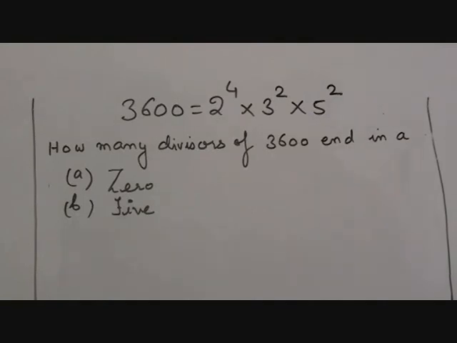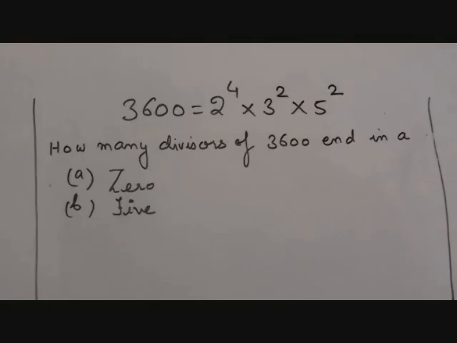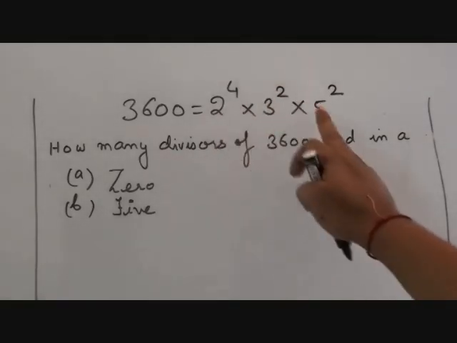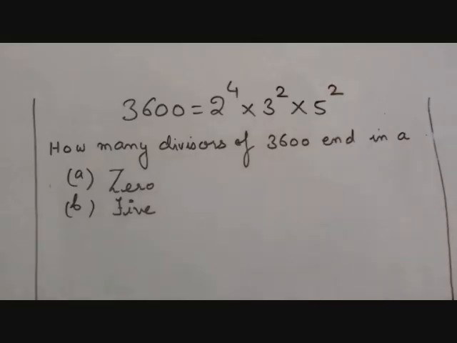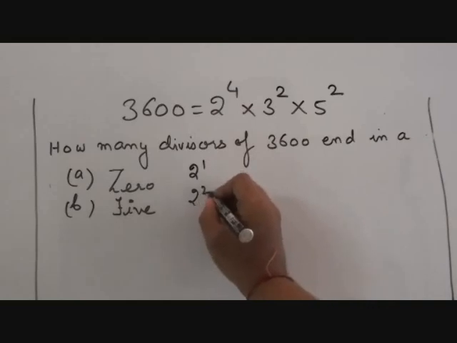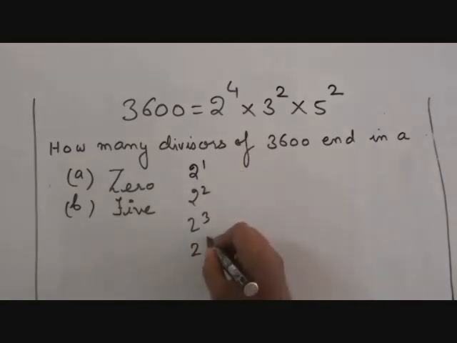One more question. How many divisors of 3600 end in a 0, and how many end in a 5? Let's see the first part. How many divisors end in a 0? For a divisor ending in 0, it needs to be a multiple of 10. For a divisor to be a multiple of 10, it has to have at least 1 power of 2 and at least 1 power of 5 in it. So the powers of 2 that we can take are 2 raised to 1, 2 squared, 2 cubed and 2 raised to 4.